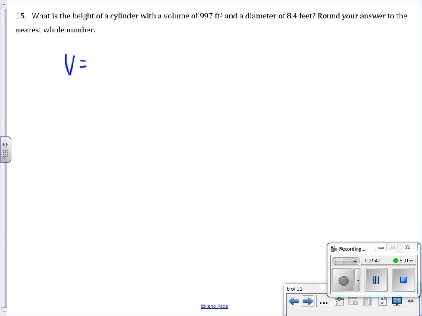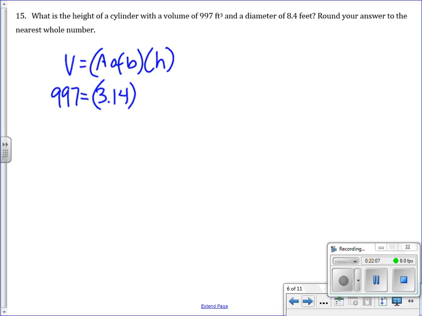Volume of a cylinder, again, is the area of the base times the height. All right, so that means V is 997. Okay, so I'm going to put 997 here for V. The area of the base is pi r squared. So that's pi, 3.14. The radius, if the diameter is 8.4, the radius is 4.2.